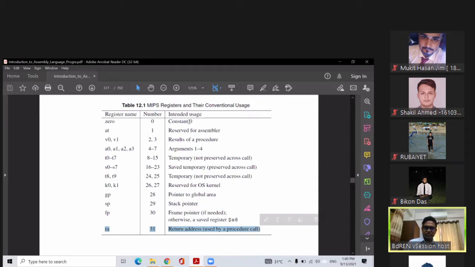The first one, called the 0 register, we use to store the value 0. And the last one, named RA, we use to store the return address whenever you are using a procedure call.